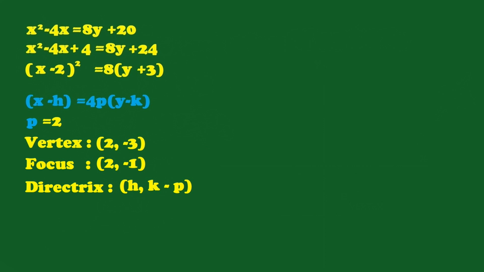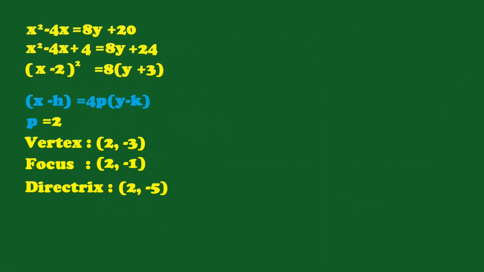Next is the directrix, and this time it's subtraction, with almost the same format as the focus. With the values from above, h is 2, k is -3 minus p, which is 2. The directrix is set at coordinate 2, -5.